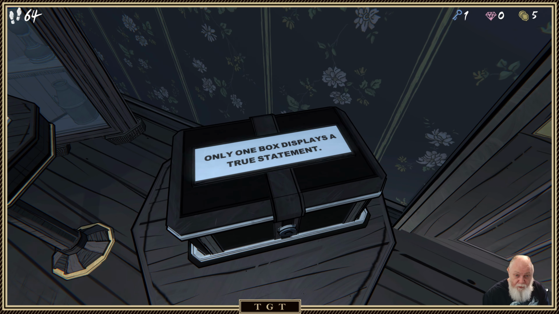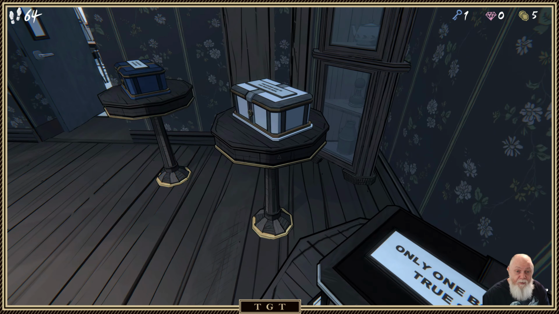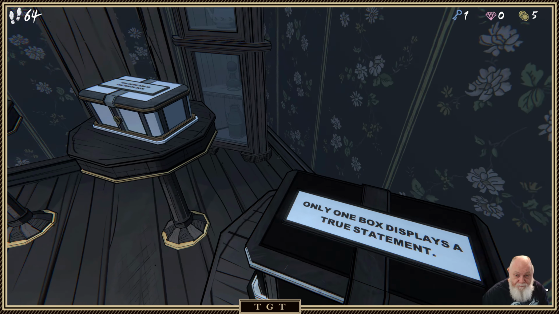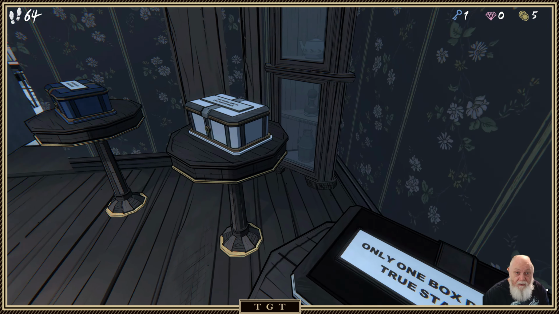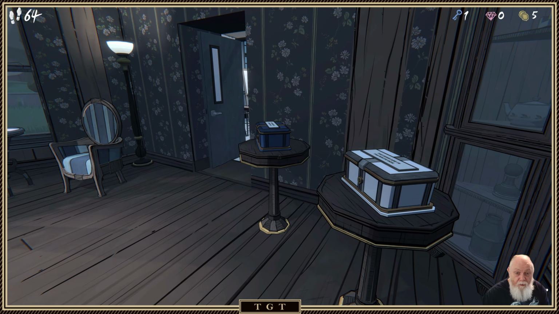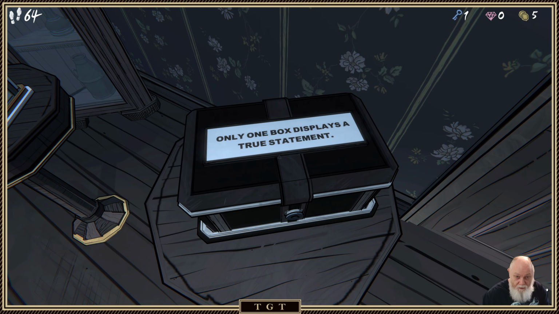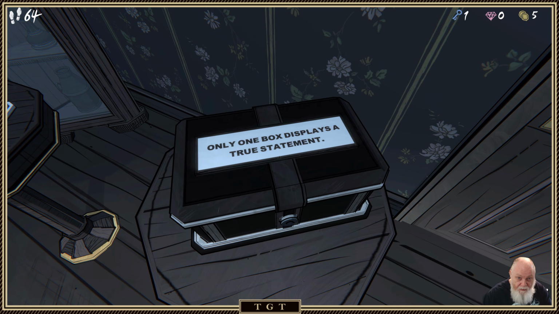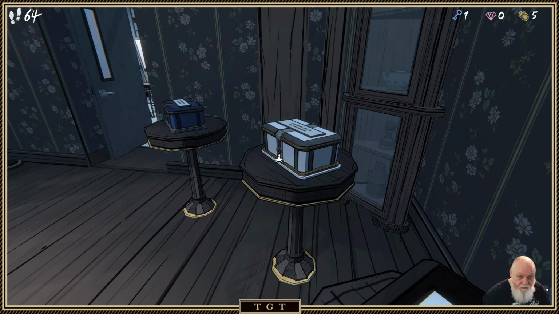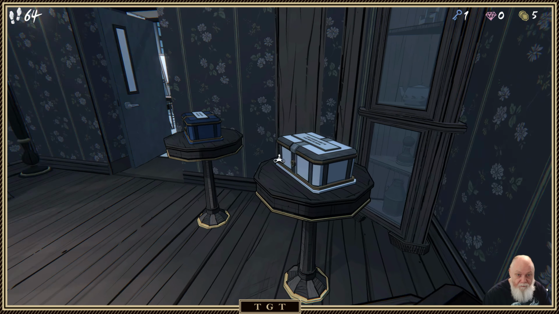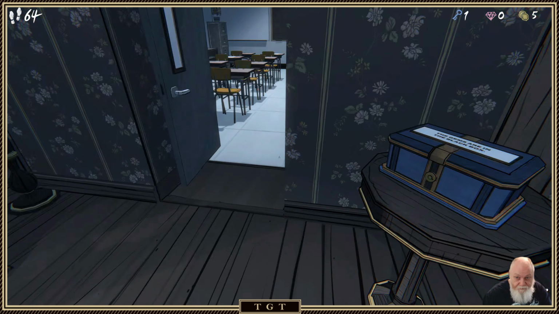If this is true, then both of those have to be false. So the truth or falsehood of both of these boxes is the inverse of this statement here. False, true, and true. True, false, and false.